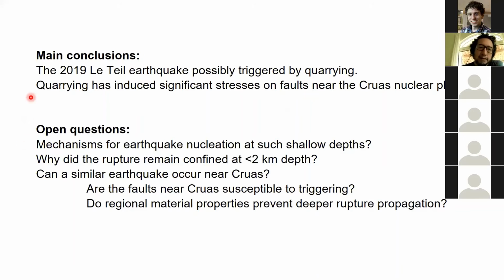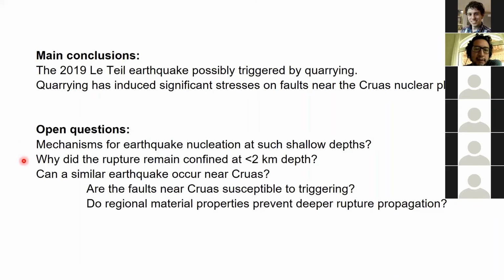And even if we knew the geometry of this fault, what can we do with that information and the information about the stresses induced by the quarry? How to convert that into a statement about the hazard in Cruas.